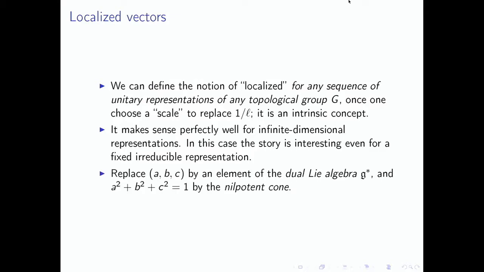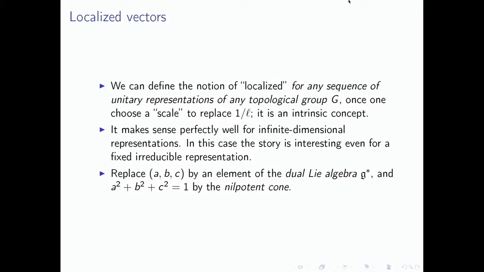Okay, in our previous discussion, the role of this triple ABC, which was somehow indexing the approximate eigenvalue, really came from indexing some functional on skew symmetric matrices, and it gets replaced by an element of the dual Lie algebra. So if G is a Lie group, this gets replaced by an element of the dual Lie algebra.